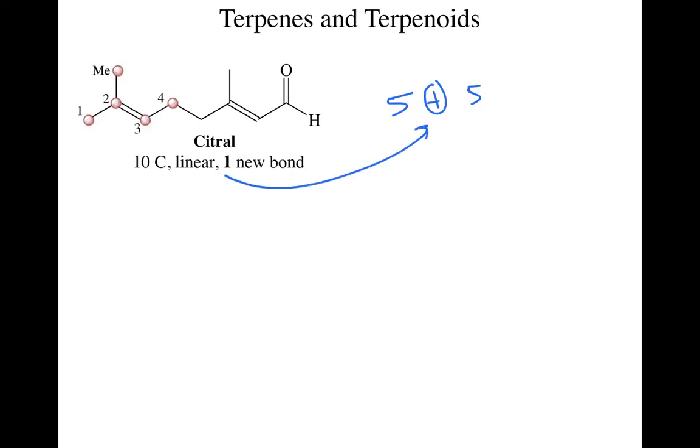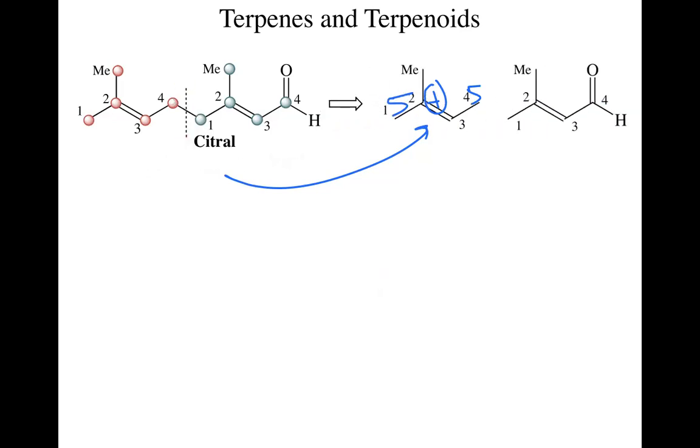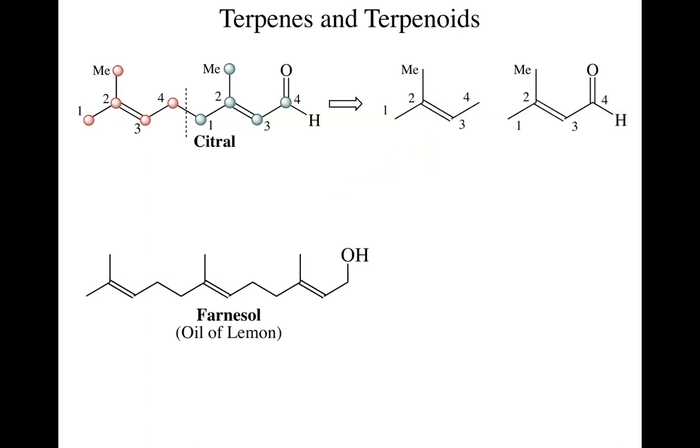So there's my first 5. There's my second 5. And again, carbon 2, methyl off of it. Carbon 2, methyl off of it. 3, 4 for the end of the chain. So 1 must be here. There's my new bond. So it breaks into those two.